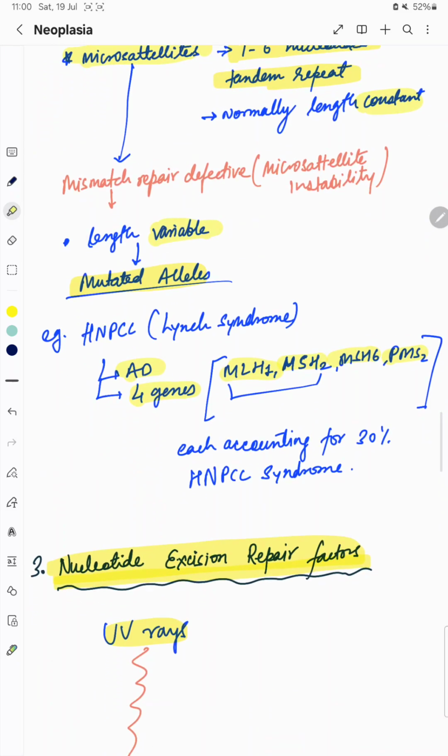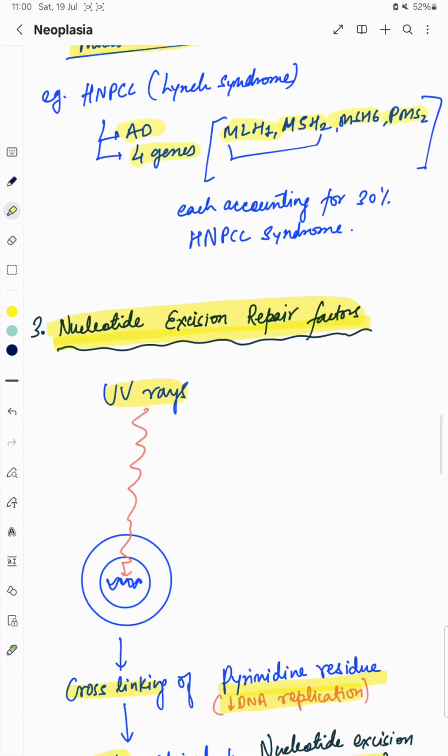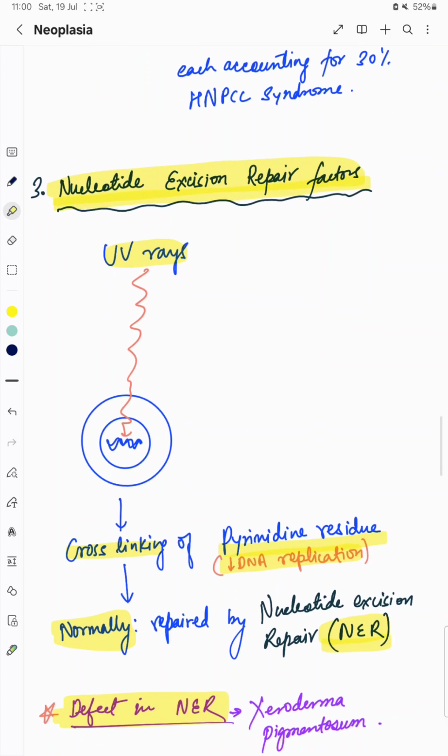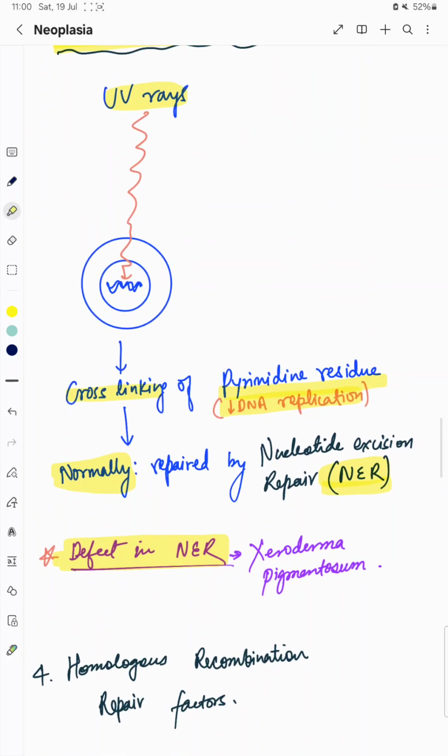The third category of genomic instability is nucleotide excision repair defect. When cells are exposed to UV rays, there will be cross-linking of pyrimidine residues, and this will result in decreased DNA replication.